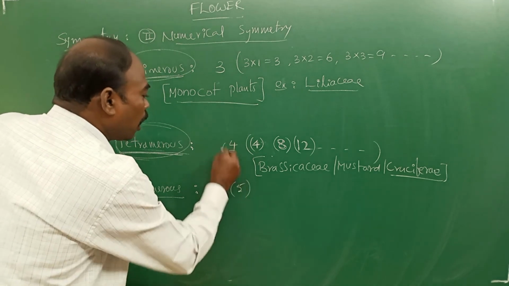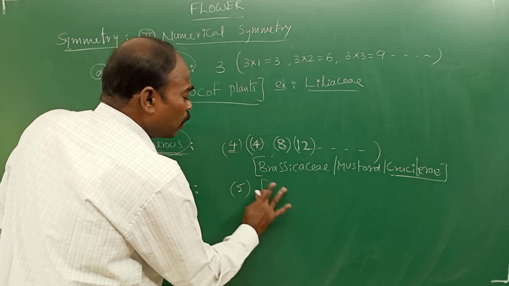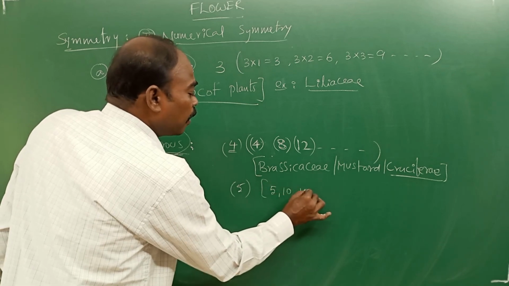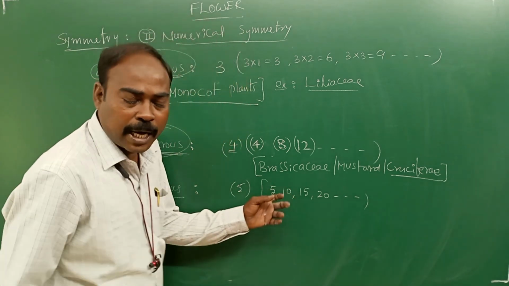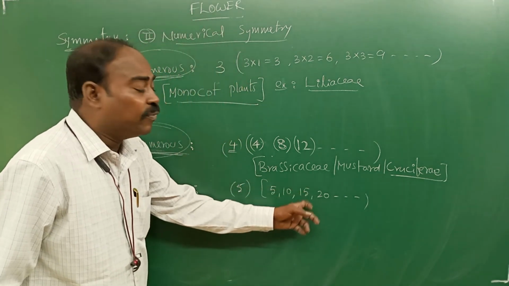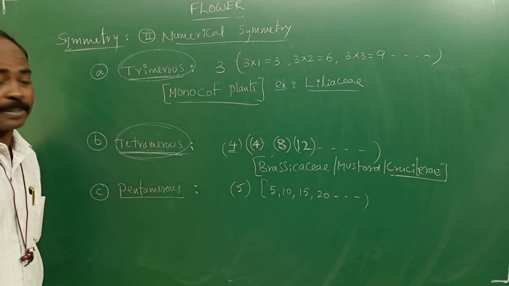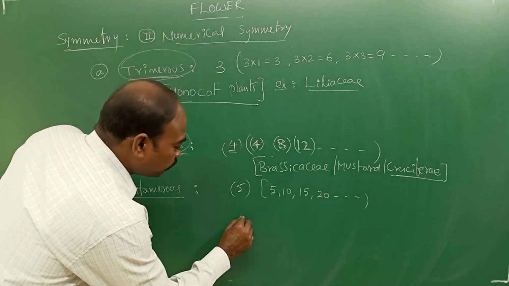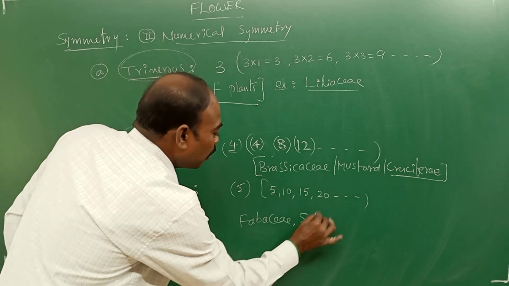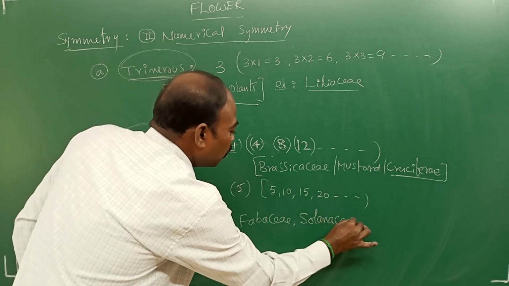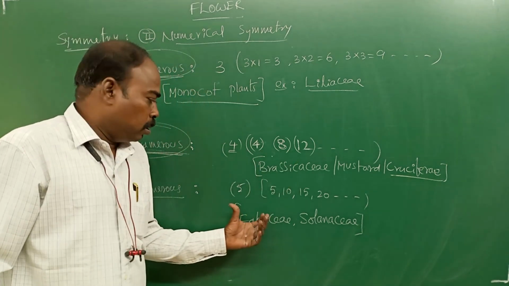Next, pentamerous means the floral leaves are 5, or 10, or 15, or 20 in number, multiples of 5. Such flowers are called pentamerous flowers, found in Fabaceae and Solanaceae families. Why these?